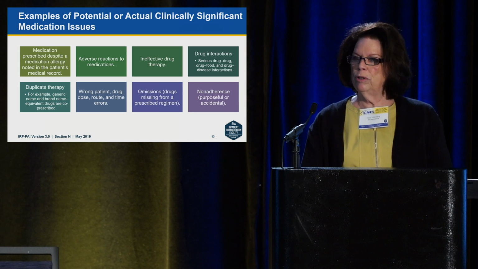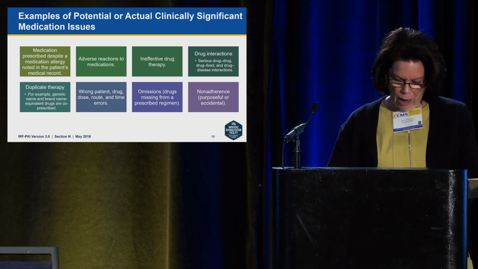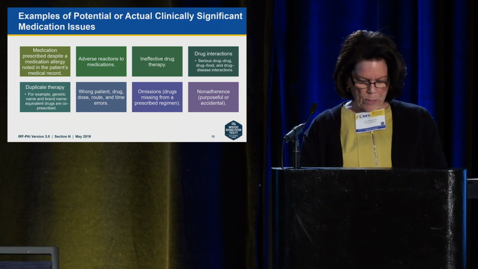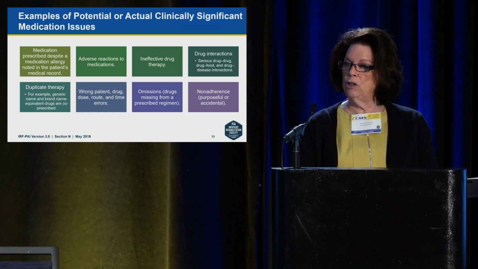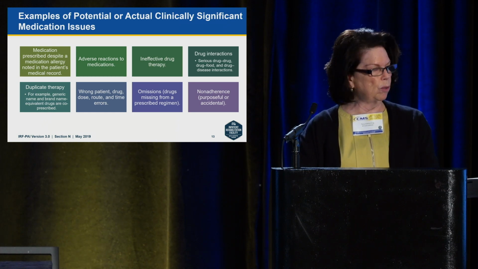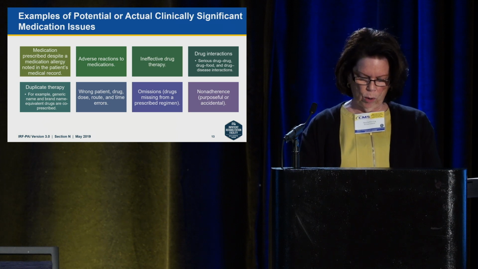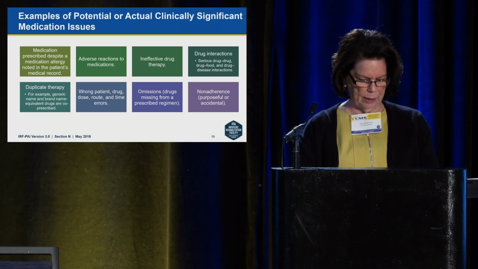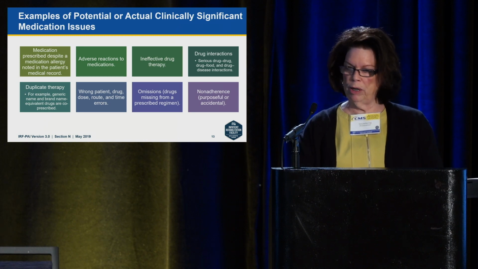So you're looking for: was it the wrong patient, wrong dose, wrong time, wrong route, etc. The medication dose, frequency, route, or duration is not consistent with the patient's condition, manufacturer's instructions, or applicable standards of practice. It might be an omission, drugs missing from a prescribed regimen.